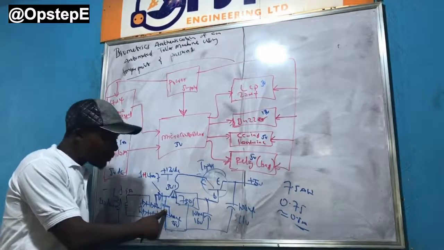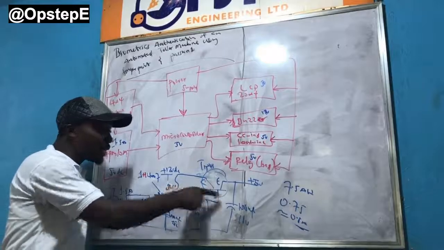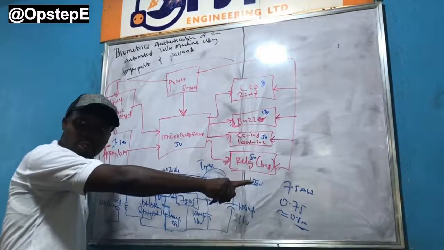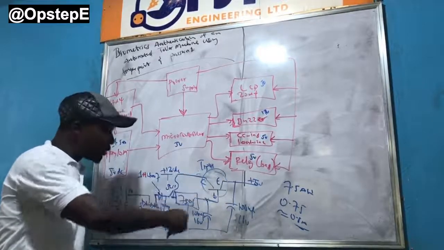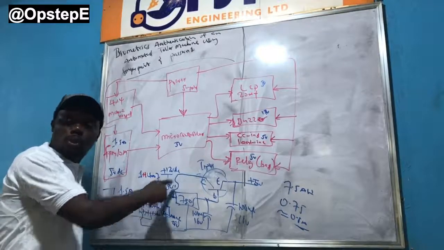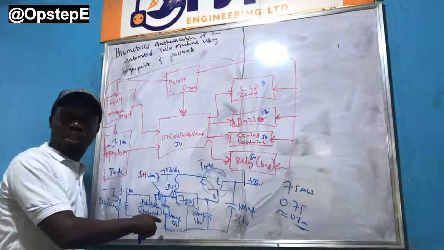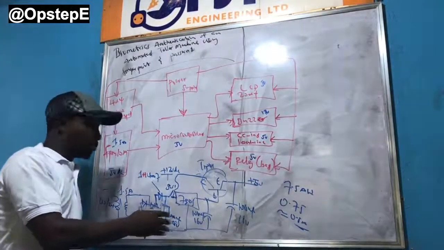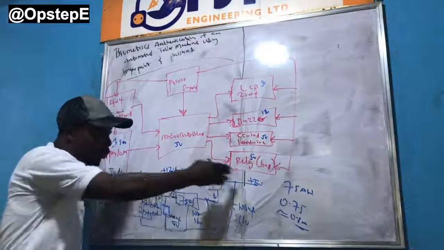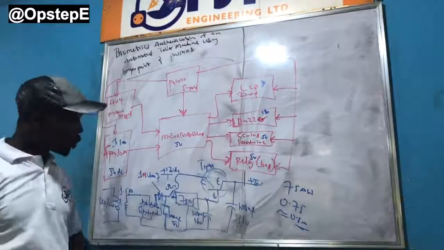What then happens is that when the load needs more current than the 1 amp that this can give, the battery here will be the one supplying it. So the battery is not being overcharged while you are getting the amount of current you need. So this is what I would have done.